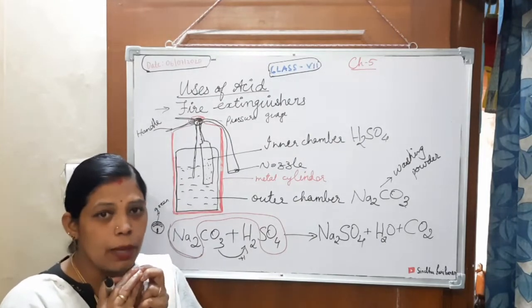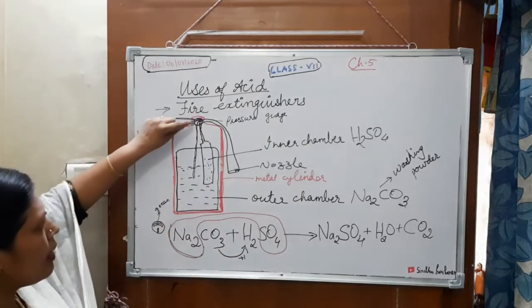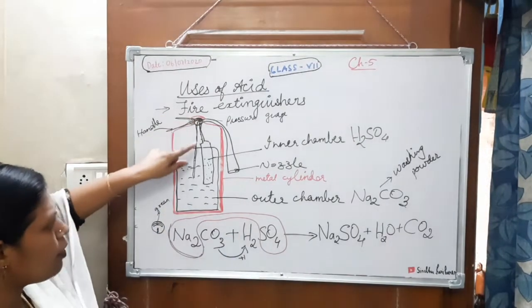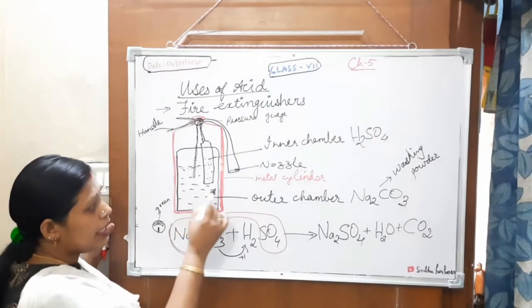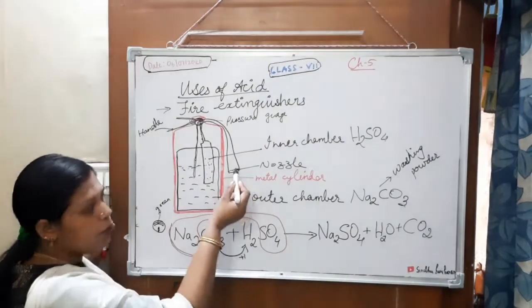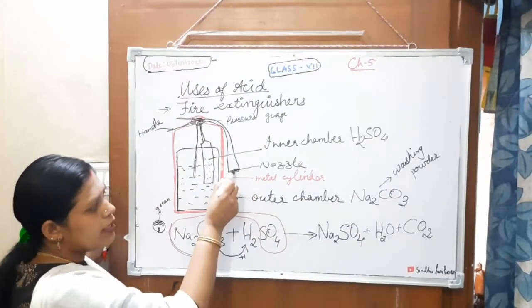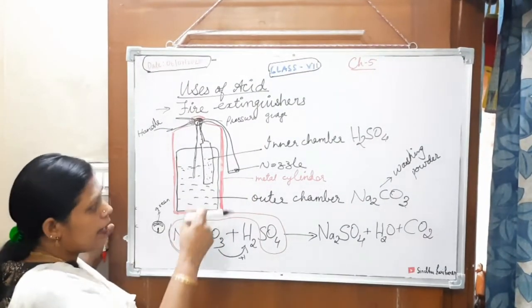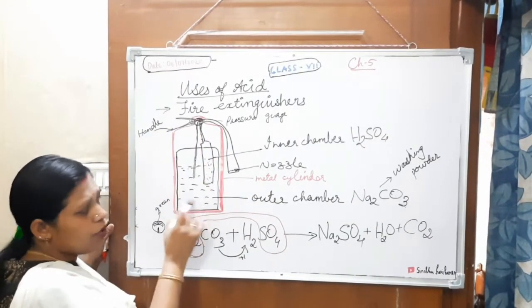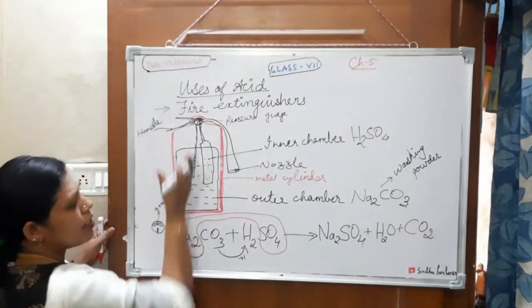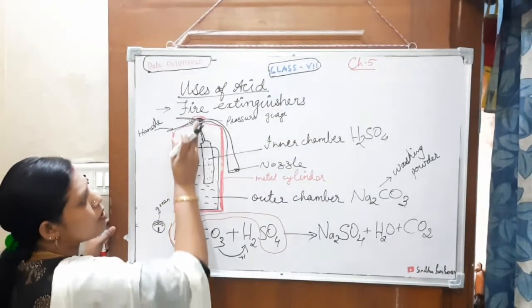That means when the pressure is applied here, it opens, and then it reacts. This is the nozzle, and you have to press this nozzle. When you press it, the pressure is exerted here and the two react, and suddenly with the pressure the carbon dioxide comes out.